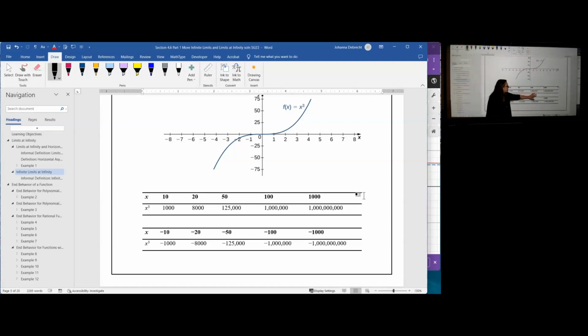In this case, we can see that the limit as x goes to negative infinity of x cubed must be negative infinity. So we would write the limit as x approaches positive infinity of x cubed equals positive infinity, and the limit as x approaches negative infinity of x cubed equals negative infinity. Technically, neither limit exists, but we write those values to give information about the graph.